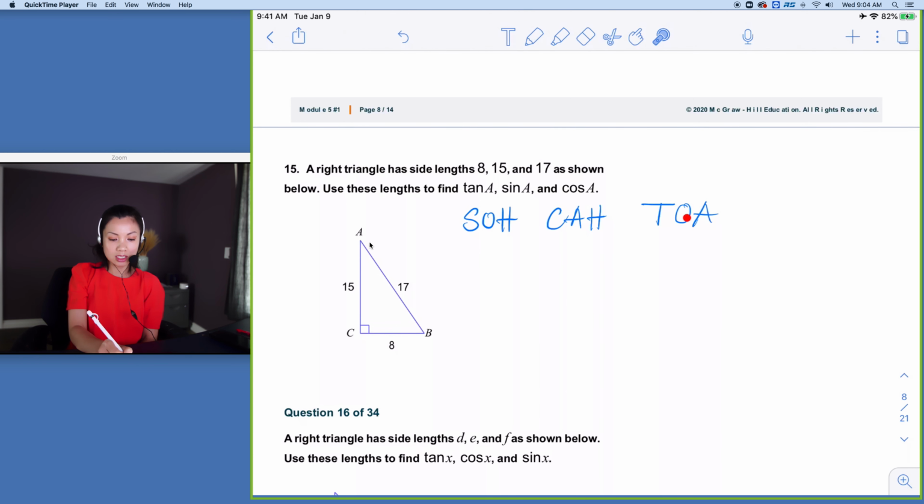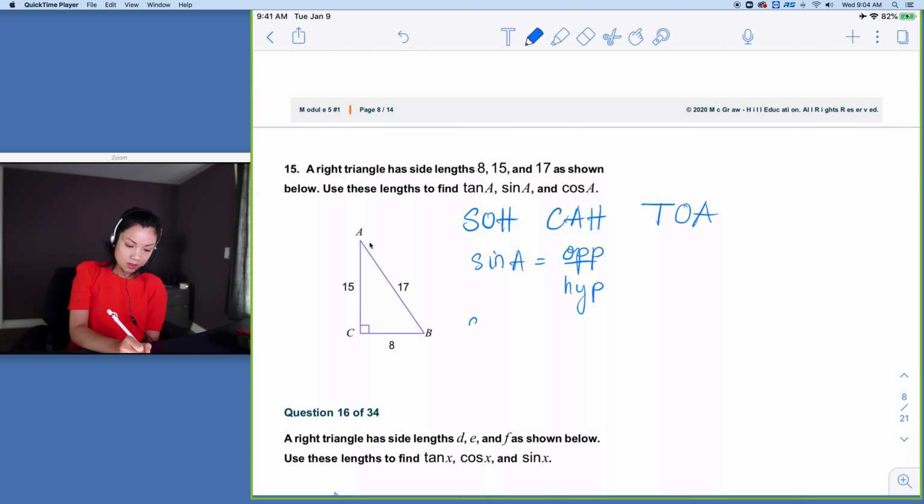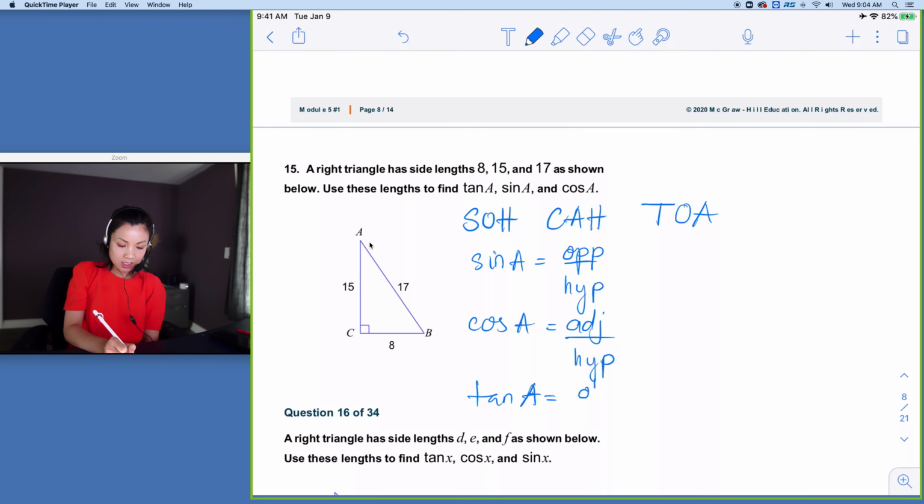And tangent is opposite over adjacent. So what I have for sine is opposite over hypotenuse. Cosine, adjacent over hypotenuse. And tangent is opposite over adjacent.